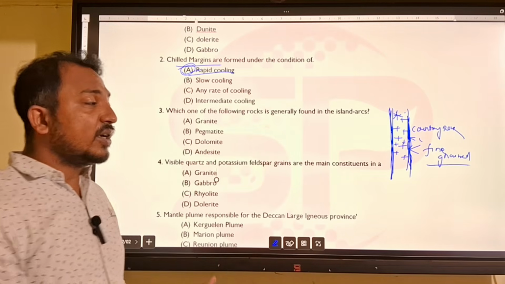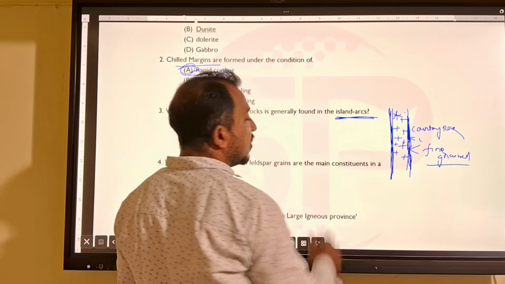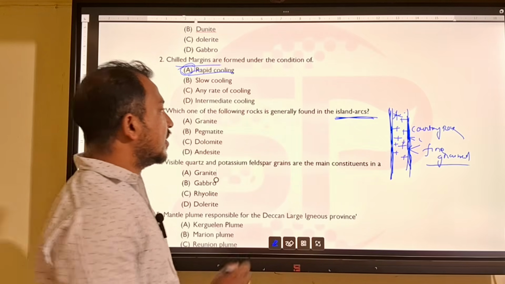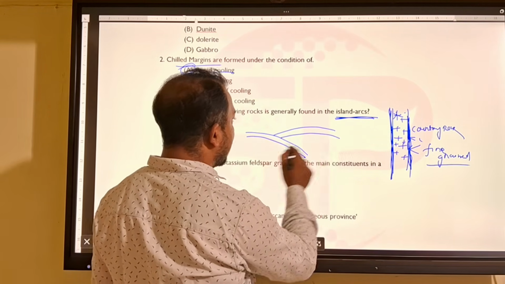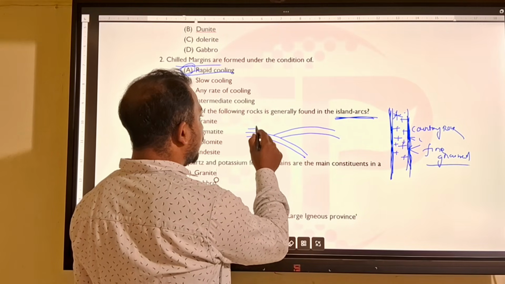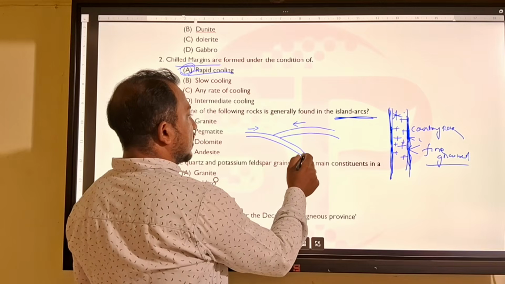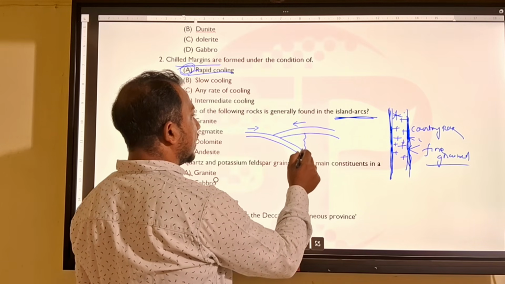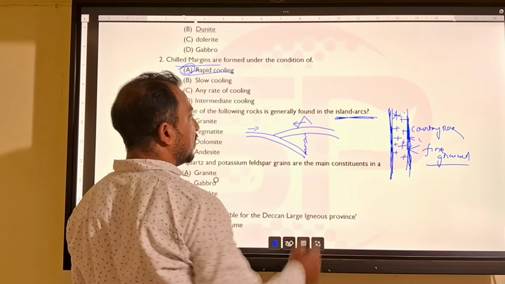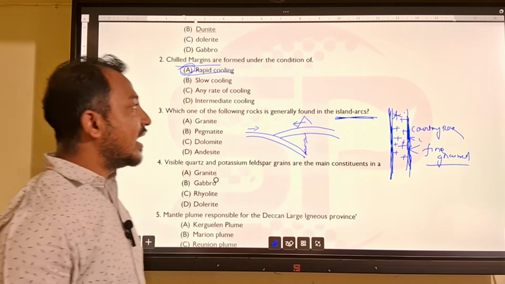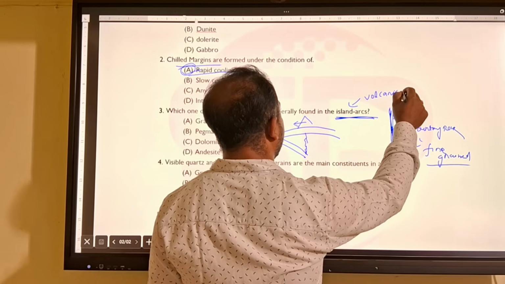Then the next question: which one of the following rocks is generally found in island arcs? So an island arc is a feature that is produced during a convergent plate boundary, where two plates converge with each other. Then the subducting plate produces volcanoes, and they produce a feature that is called an island arc, or you can say a volcanic arc.